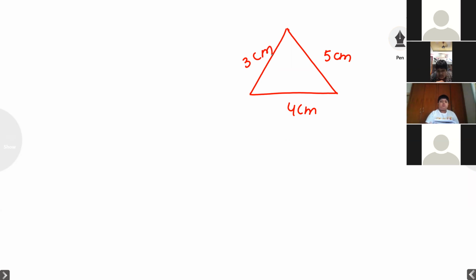Scalene triangle, because all the three sides are different. Again, I am reminding students, if all the three sides are different, that is called a scalene triangle.